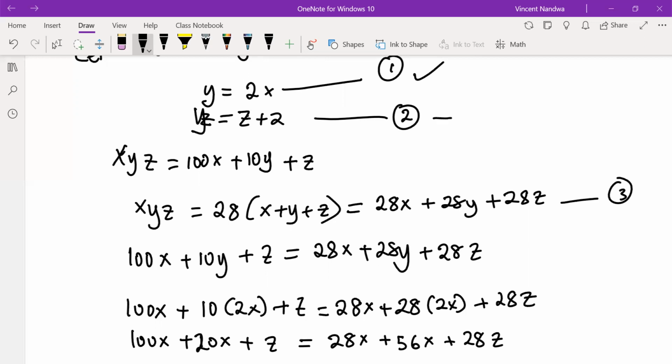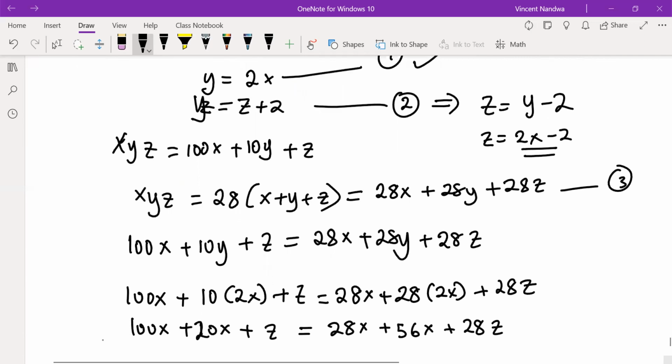Now from this equation 2, we can say z is the same as y minus 2, if you take 2 to the left-hand side, which is the same thing as saying z equals the value of y, which is 2x, and then minus 2. So where the z we can replace by 2x minus 2.